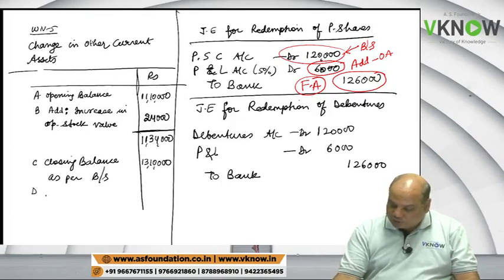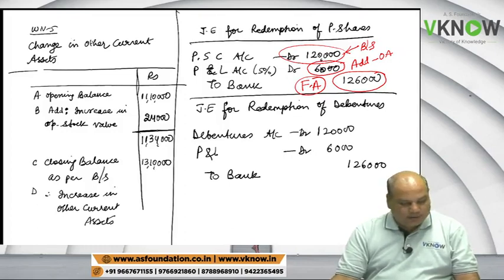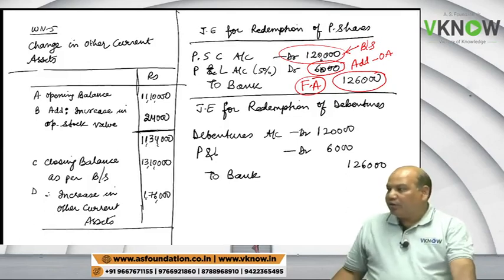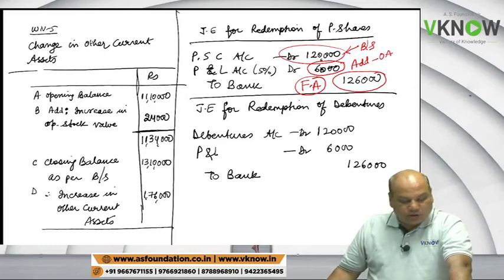So you will write therefore increase in other current assets. Increase in other current asset is 1 lakh 76,000.